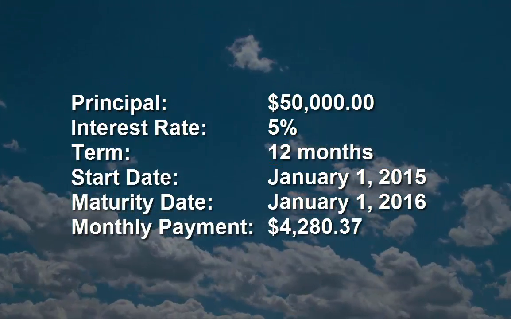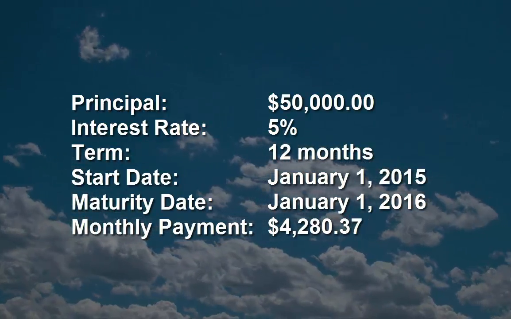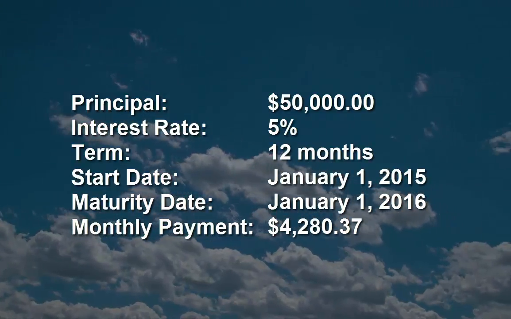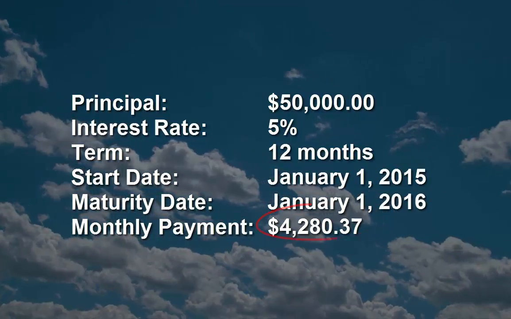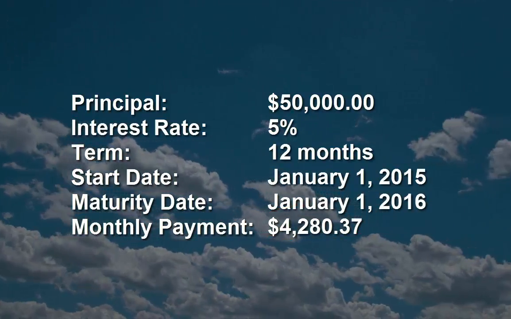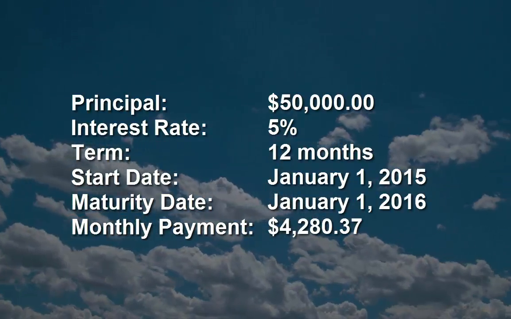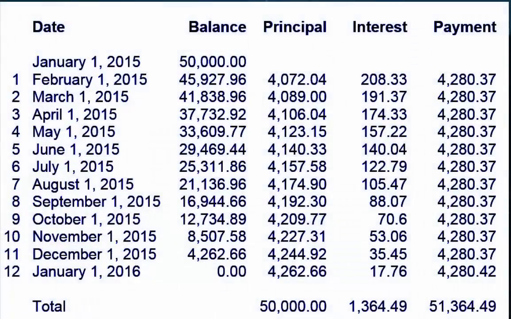It is amortized over a 12 month period so that the balance will become zero at the end of 1 year, which means that the borrower will be paying a blended payment which will contain a portion of the principal plus the interest due, and Cindy calculates the monthly payment as $4,280.37. If we look at the amortization schedule, we see that $50,000 was the balance on January 1st, 2015.